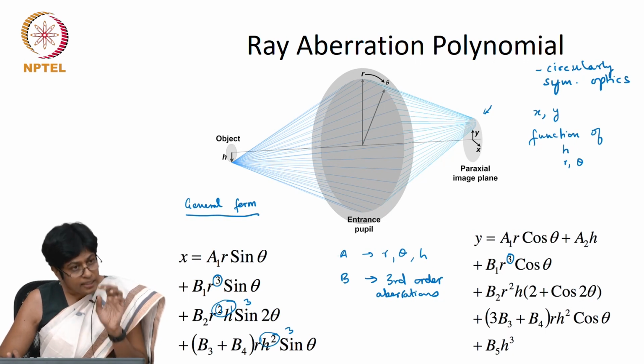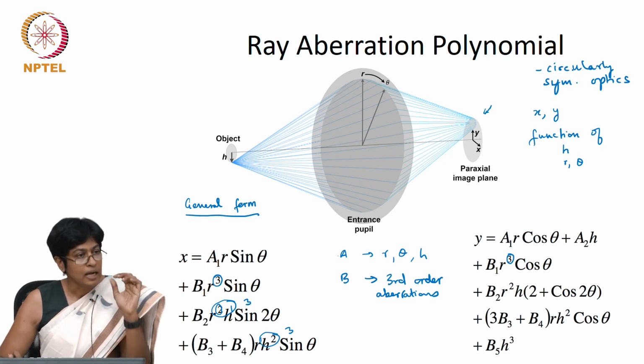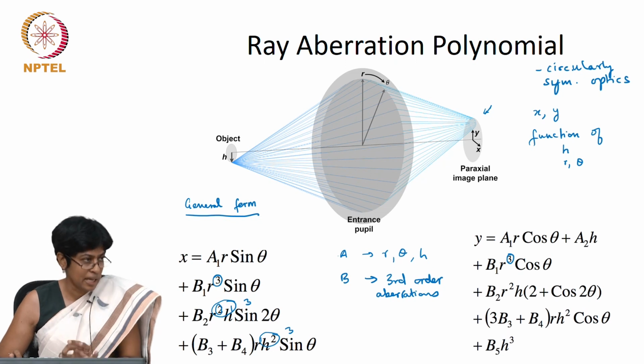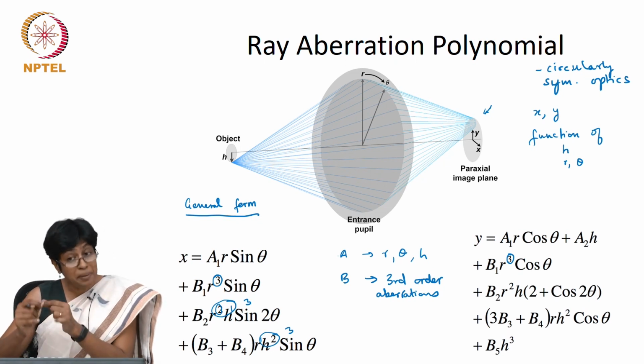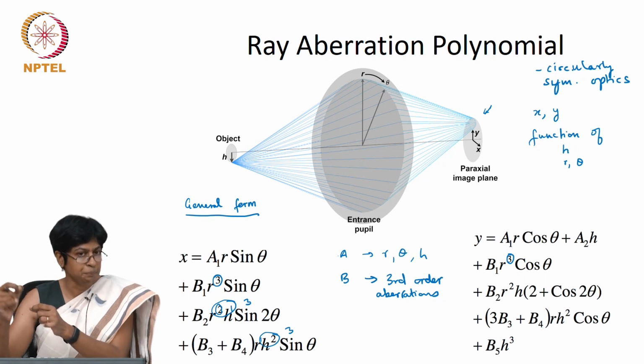So don't worry too much about these equations. The idea I want you to get is, how do we quantify aberrations? We're going to quantify aberrations by saying, I expected the ray to arrive at the perfect paraxial image point. It didn't.